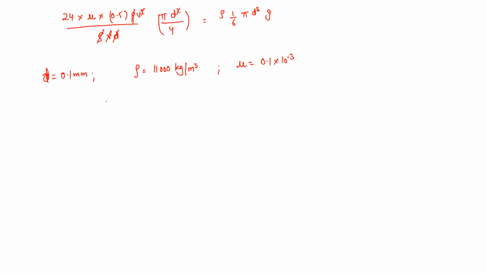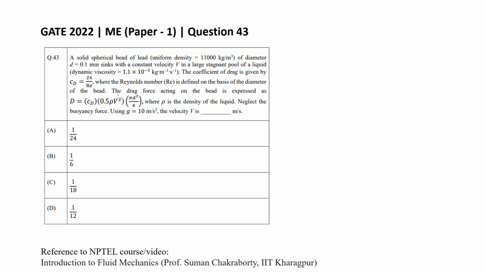We can substitute all of these terms along with g being 10, and we'll find that velocity is 1 over 18 meter per second. So we solve this question and we find that the velocity V is option C, 1 by 18.